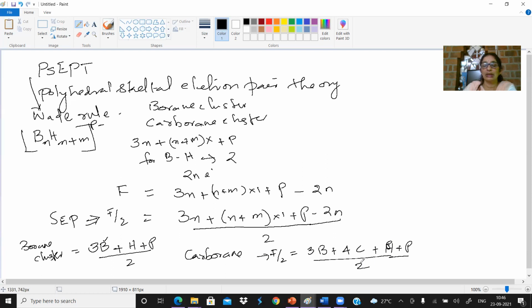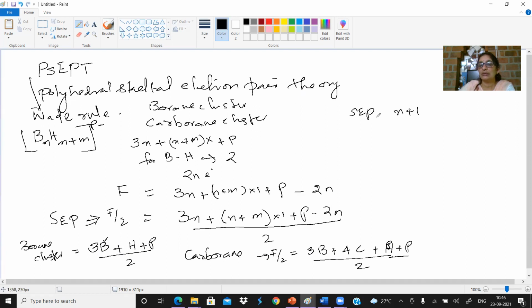This will give you the number of skeletal electron pairs for a carborane, and the earlier formula for a boron cluster. Now, when you calculate this for a cluster with n boron atoms and find that the number of skeletal electron pairs is equal to n plus 1.